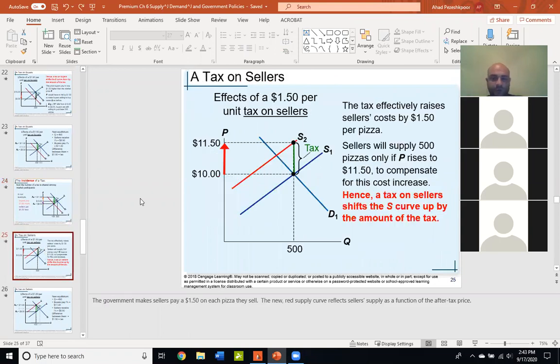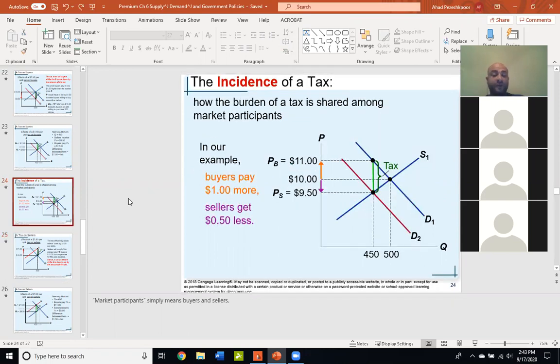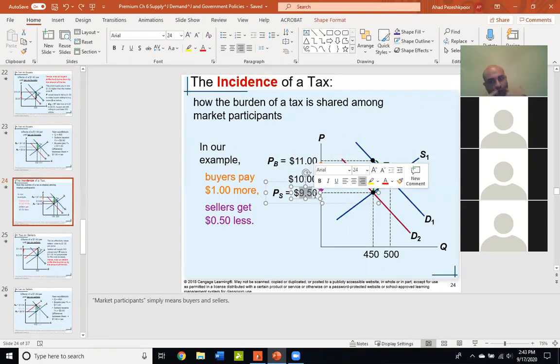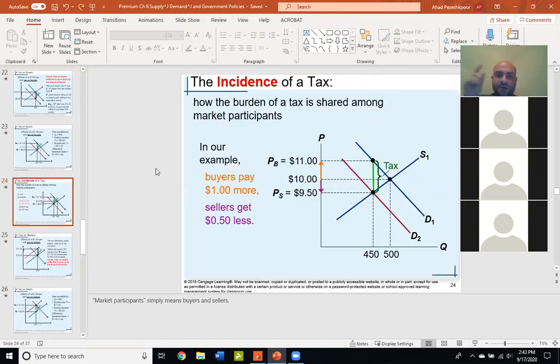Now, we're almost out of time. There is a way to find these numbers. It takes a lot of time for me to do it, so I will record it and put it on YouTube. You have to find the curves first, find the intercepts and slopes, and set the two curves equal. That's the general method for solving supply and demand curves, finding equilibriums, and working with taxes.